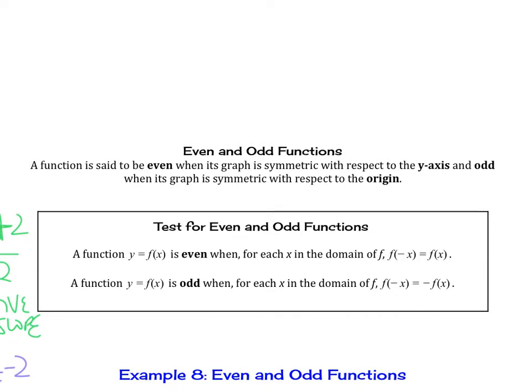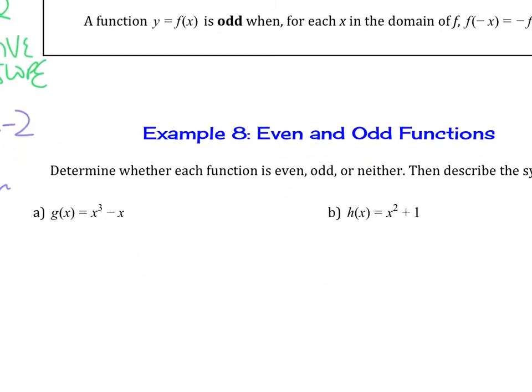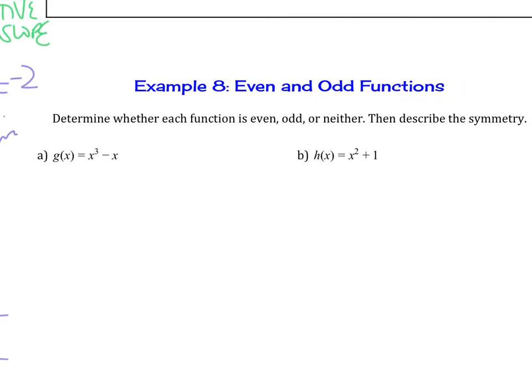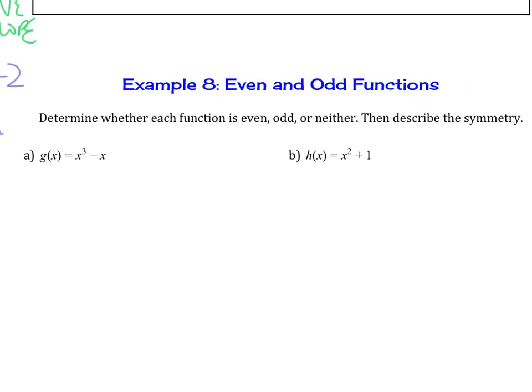Now if you plug in a negative x and it's neither the original one you got back, nor the one where it's all opposite signs, then it is neither even nor odd. So let's try this example, even and odd functions. Determine whether each function is even, odd, or neither, then describe the symmetry. We're going to plug in negative for the x.